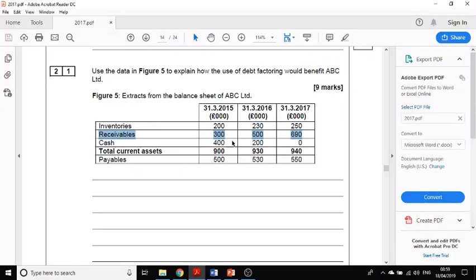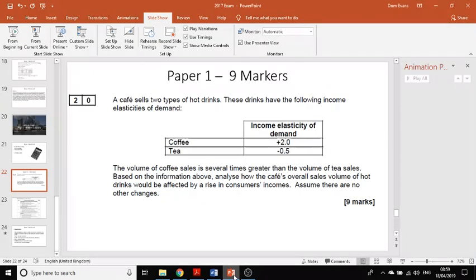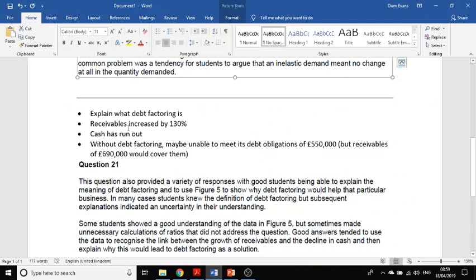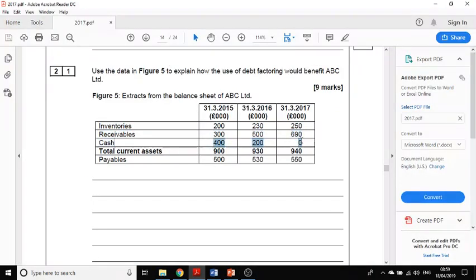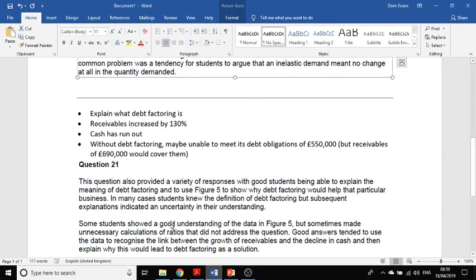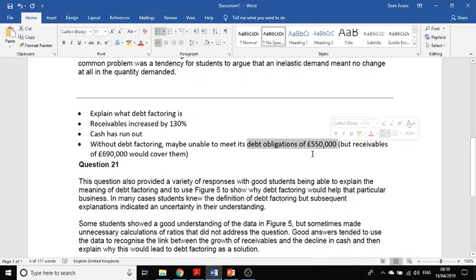All right, so make sure you can calculate your percentage changes because that's very powerful rather than just putting in the figures. Their cash has entirely run out. All right, they've gone from 400 to 0, and their payables are 550,000. Okay, but receivables of 6,900 would cover them. So I can make a pretty good argument out of that.